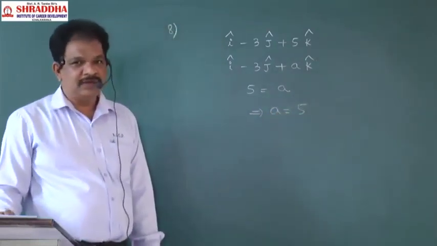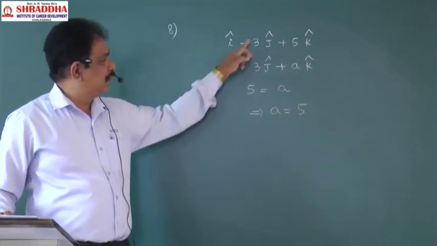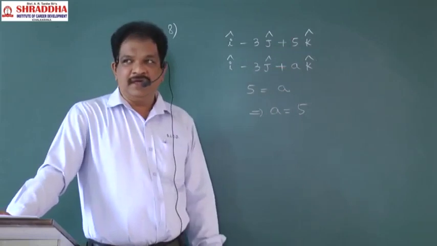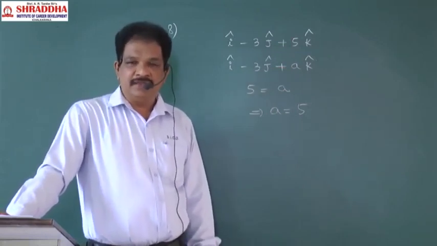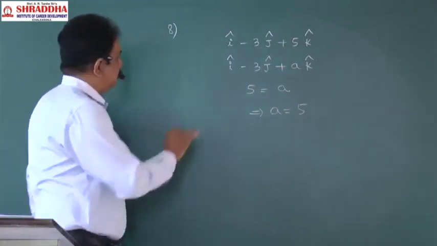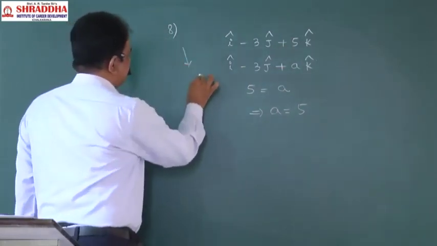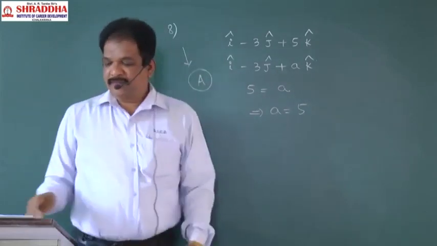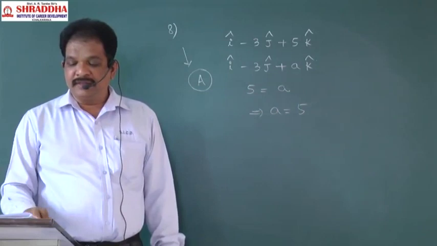Those are equal. This 1, 1 equal, minus 3 equal. 5 and A are equal. So, A is equal to 5. So, 8 it will be option A. Next.